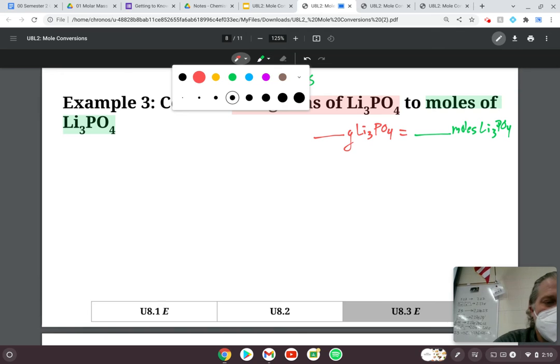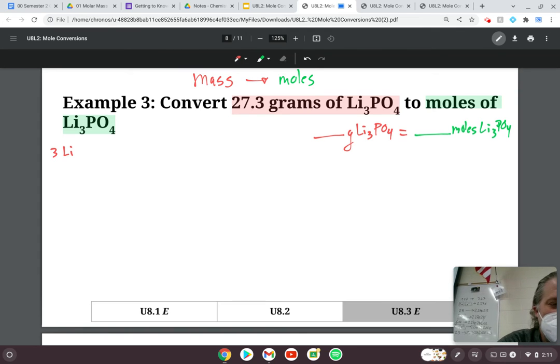In this problem, there are 3 lithiums times the mass of lithium, which is 6.94 grams. There's 1 phosphorus times the mass of phosphorus, which is 30.97 grams. And there are 4 oxygens times the mass of oxygen, which is 16.00 grams.